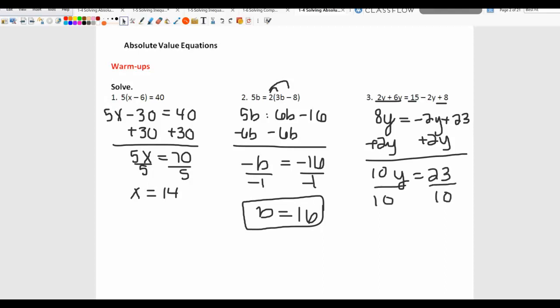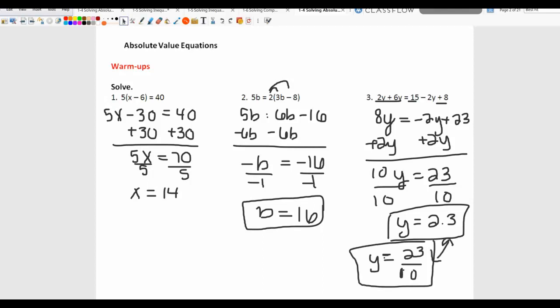Dividing both sides by 10 gives y equal 2.3. You can also leave y as the fraction. These are equivalent or the same. Okay?